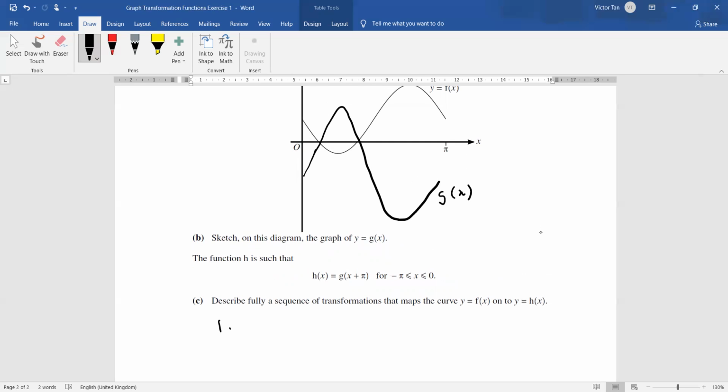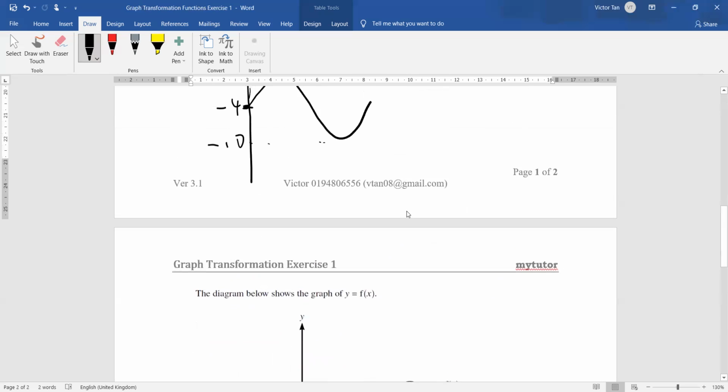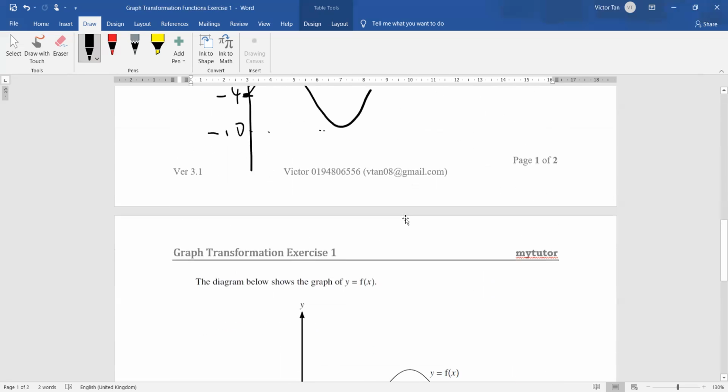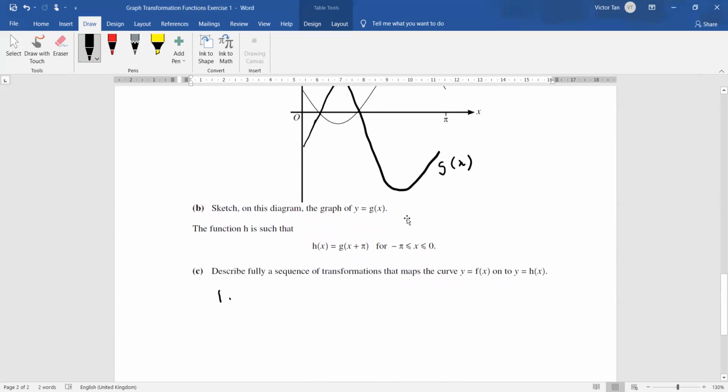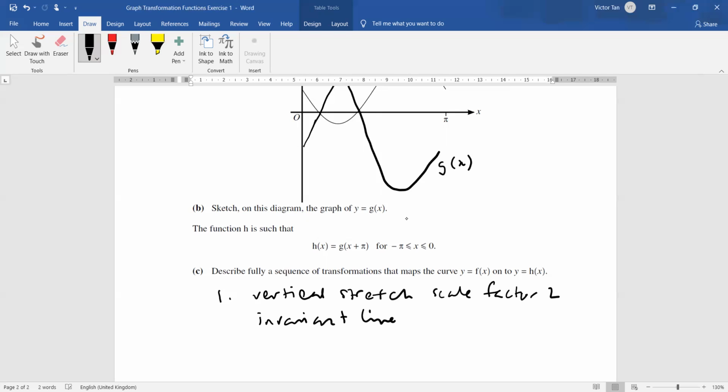First it is 2f(x), a vertical stretch, scale factor 2, invariant line the x-axis.